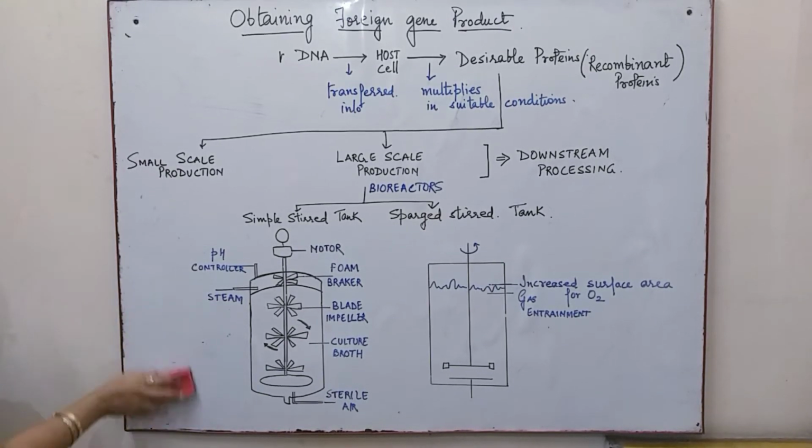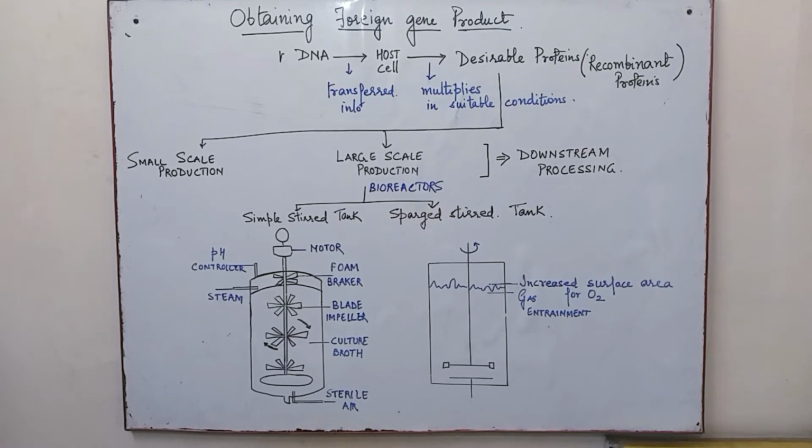So the small scale methods include the shake flask method, where a very small quantity of the gene product is obtained, may be for research purposes or other reasons, but not for commercial use. The cultures are then used for extracting the desired proteins, and the protein is purified by the use of separation techniques.